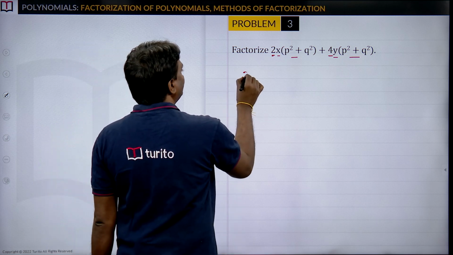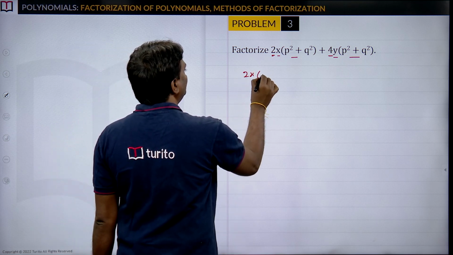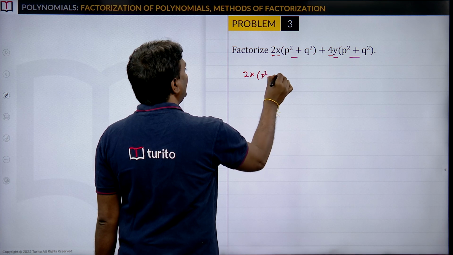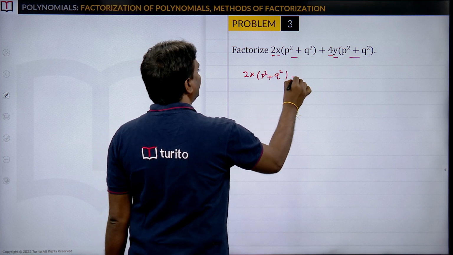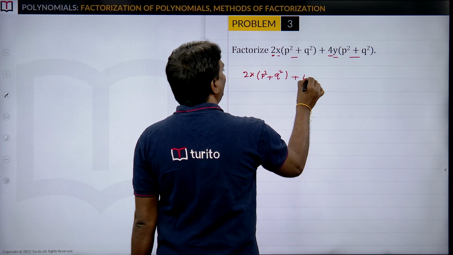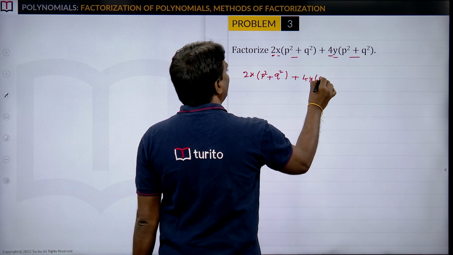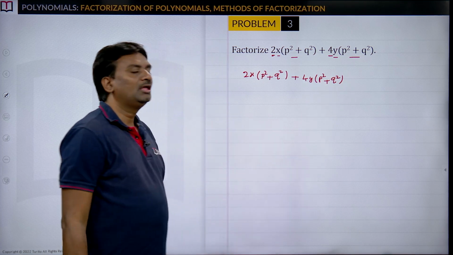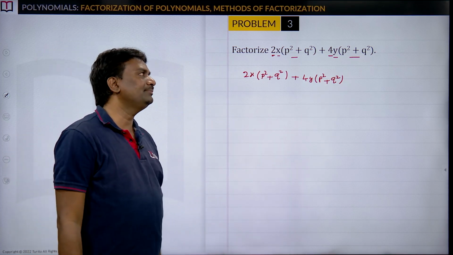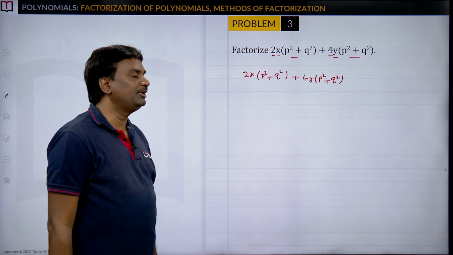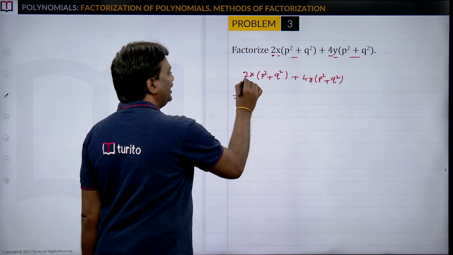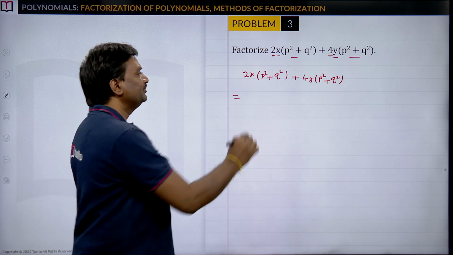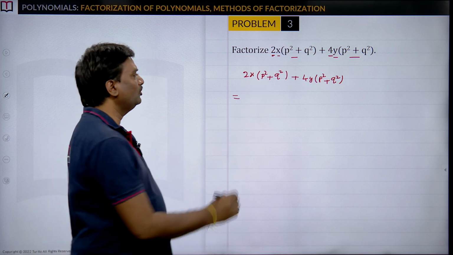So, we can take 2x of (p square plus q square) plus 4y of (p square plus q square). I am taking 2 as common and p square plus q square is also common.